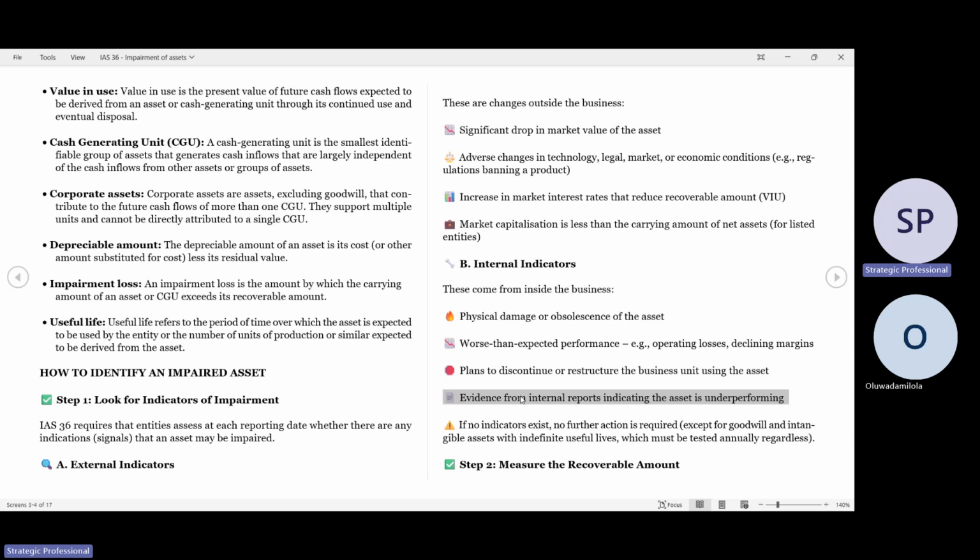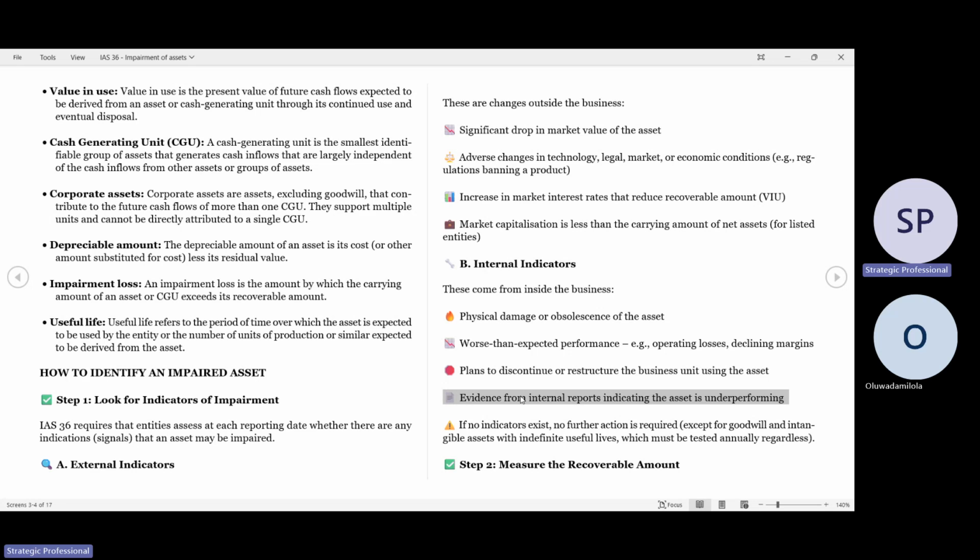If there are reports from these units that assets are not producing as much as they can, for example, an asset that when purchased was producing 50,000 units of goods a day, but there is now an internal report that it is producing 20,000 units, that can be an indication for the company to assess whether impairment has occurred. So this indicator applies to all assets.